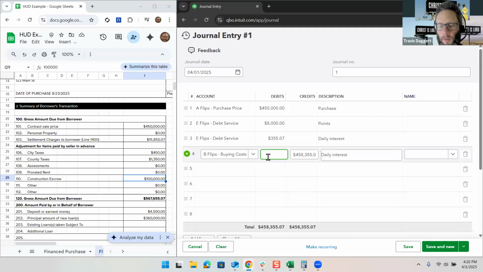Okay, so this is going to be 15. Actually, we'll put this in a second. So this is going to be our remaining closing costs.